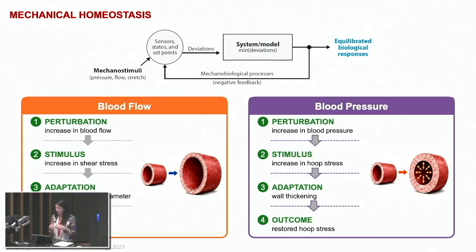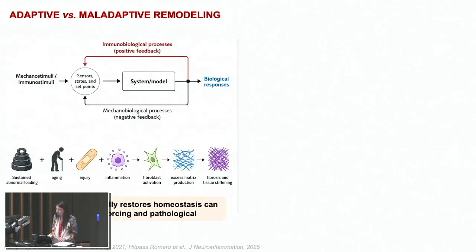Over time, the wall thickens, and that redistributes the loads and brings the stress back to its preferred level. But in both cases, there is the same basic sequence. There is a mechanical perturbation that is sensed, the tissue adapts, and then that adaptation tends to reduce the original perturbation. This negative feedback is, in essence, mechanical homeostasis.